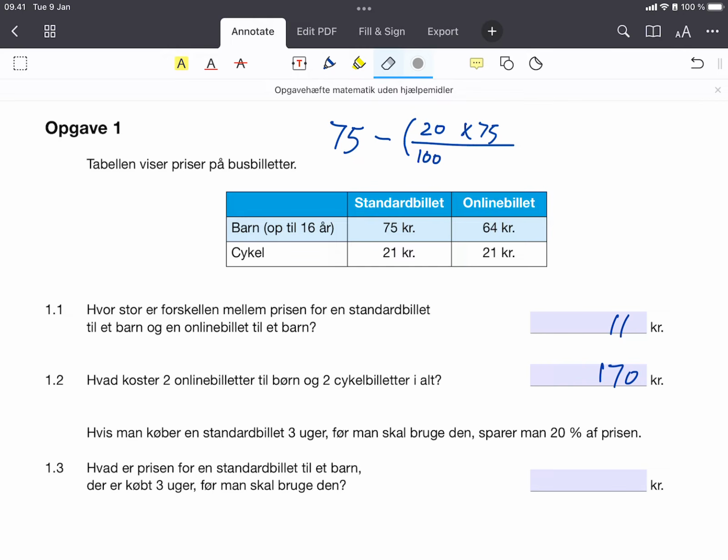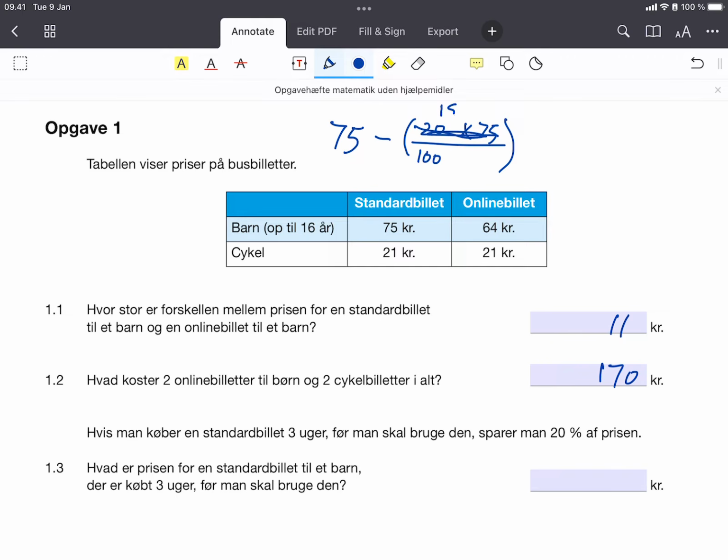Let's just tidy this up a bit. 20% of 75 is the same as 20 hundredths of 75. So 20 on the top, 100 on the bottom for 20 hundredths times 75 on the top. Okay, well, that's quite easy to do in my head because 20 times 75 I can easily do in my head. 2 times 75 is 150. 20 times 75 is going to be 1,500.